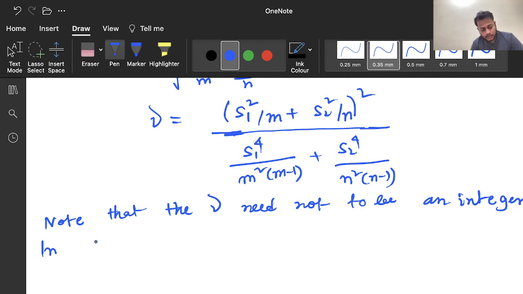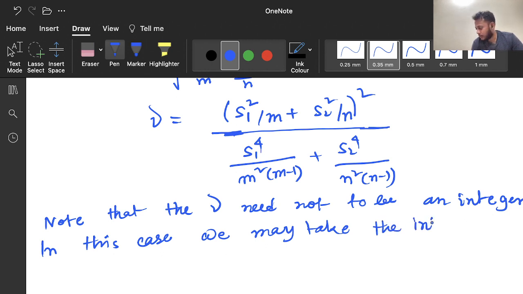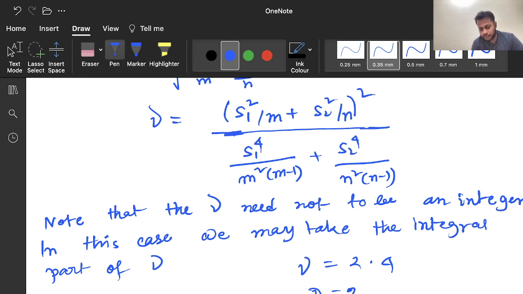In this case we may take the integral part of nu. Suppose if nu is 2.4, we will take nu equal to 2. So that's it.